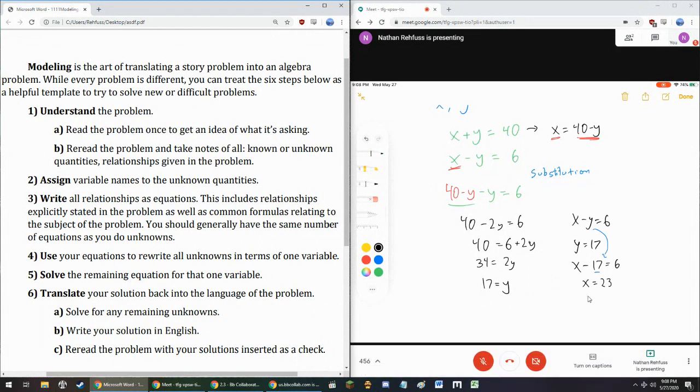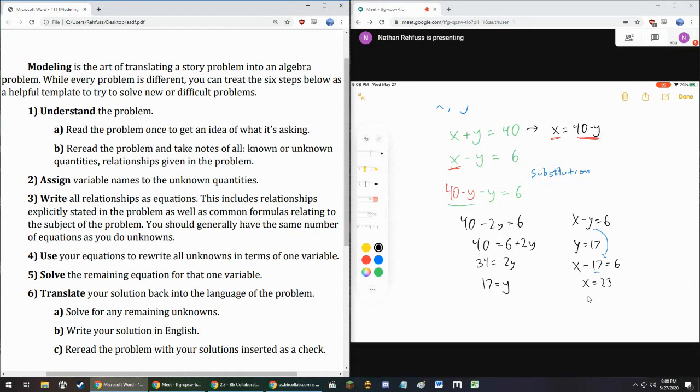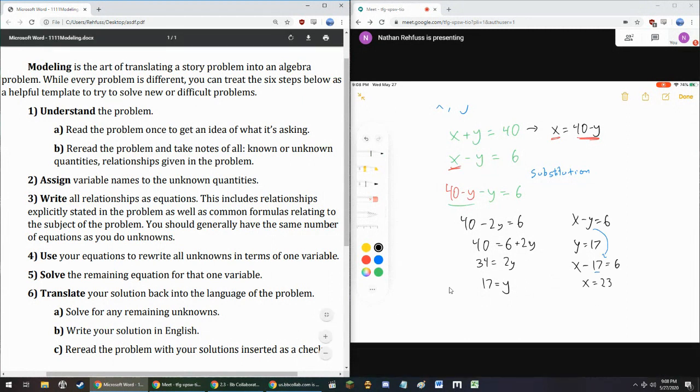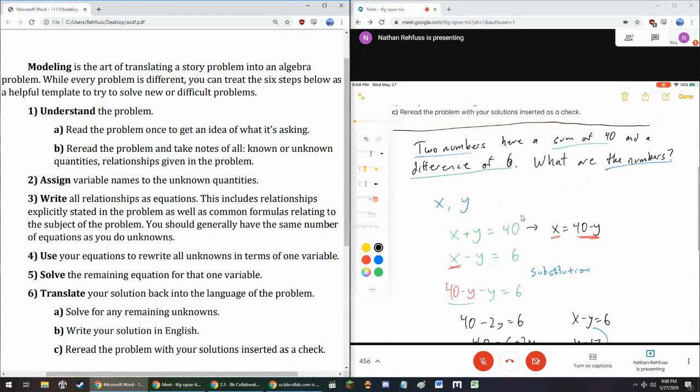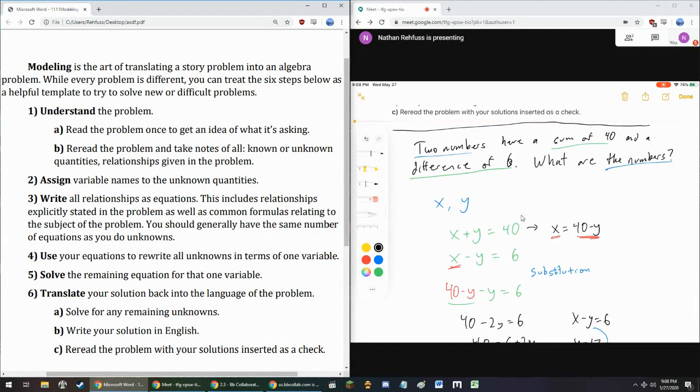But now take a look at this, my original problem, and so this is the rest of step 6. Write your solution in English. Here's what I mean. If I come up to you at a riddle party, and yes, they really do exist, and they're as boring as they sound, and I say, riddle me this: two numbers have a sum of 40 and a difference of 6. What are the numbers?